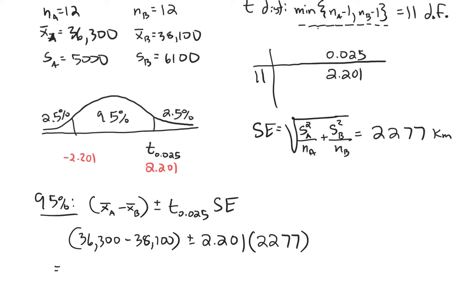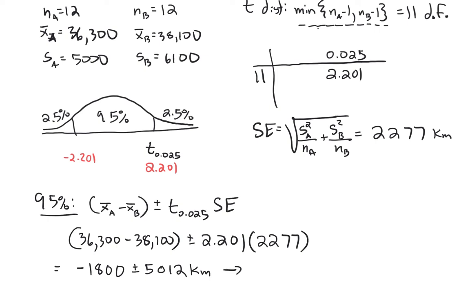So I'll just do this in margin of error notation, but you could put this in interval notation as well. So our difference of sample means is negative 1,800 kilometers plus or minus 5,012 kilometers, rounding to the nearest kilometer. So that is the range that our confidence interval takes.